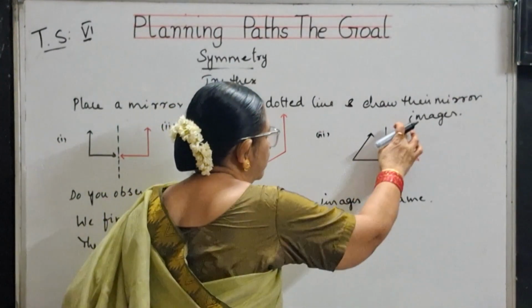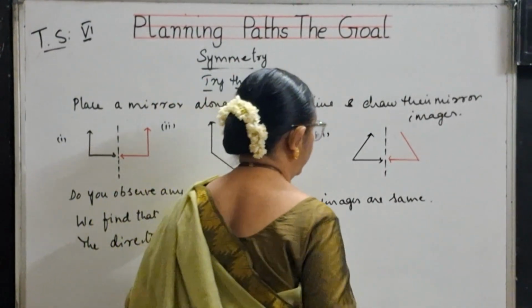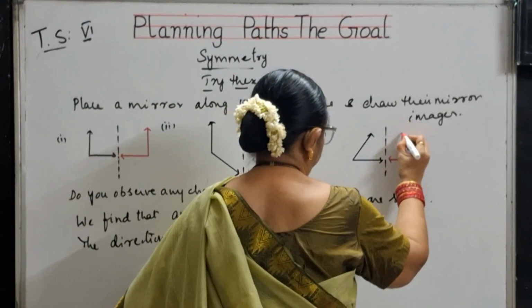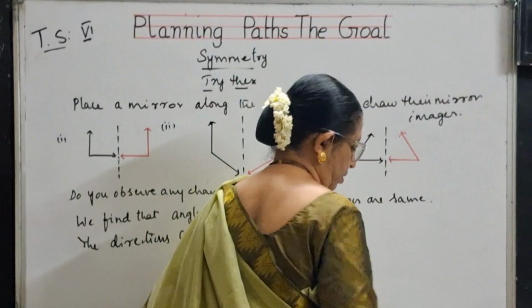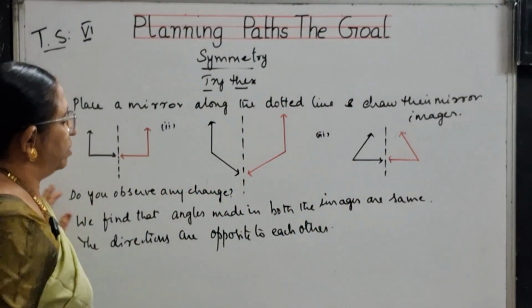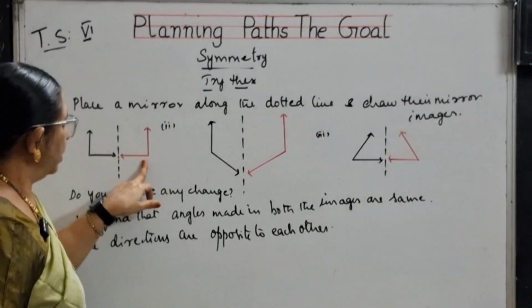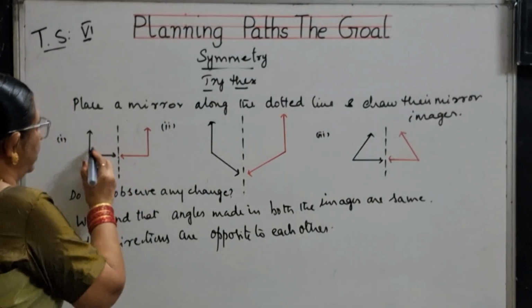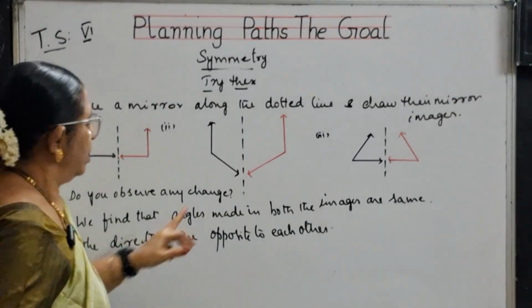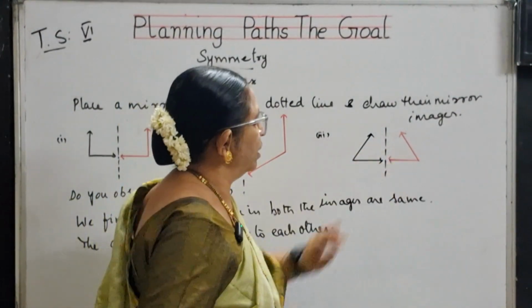So in these cases, what are you able to understand here? The question is, what do you observe, any changes? What we have found, see, the angles, whatever this is 90 degrees, this is 90 degrees. This is an obtuse angle, this is an obtuse angle. This is an acute angle, acute angle.